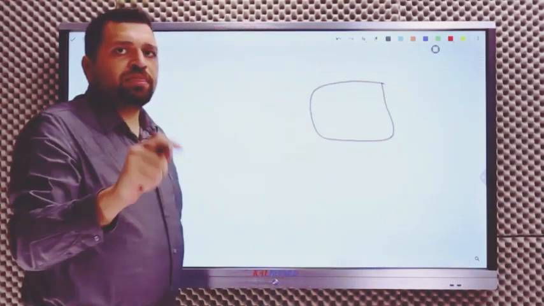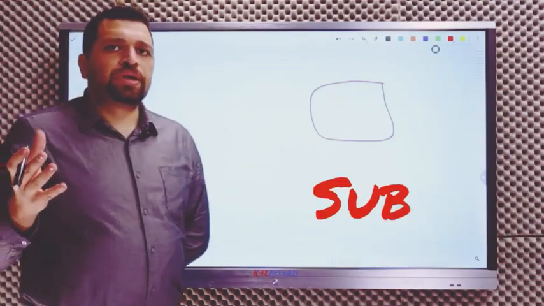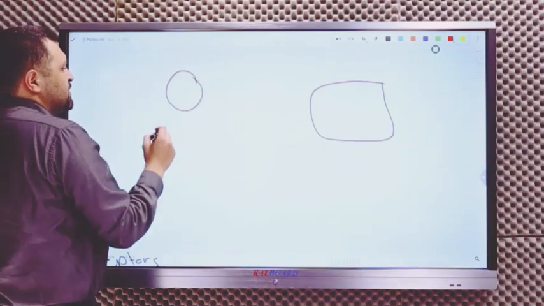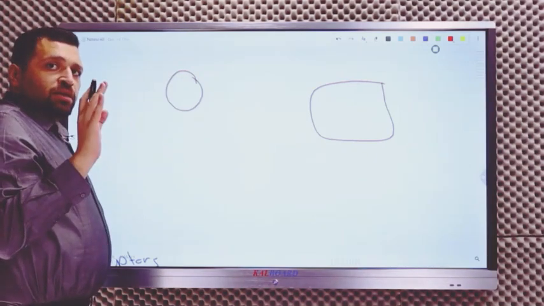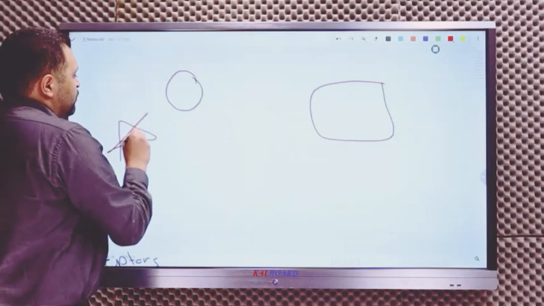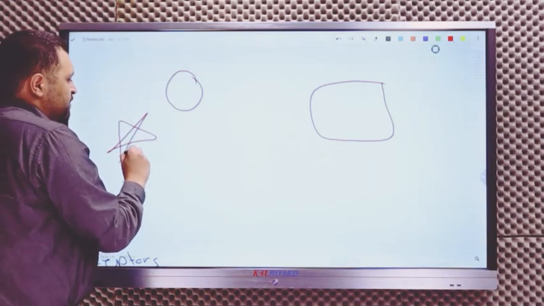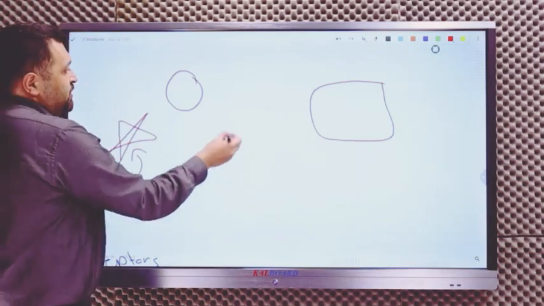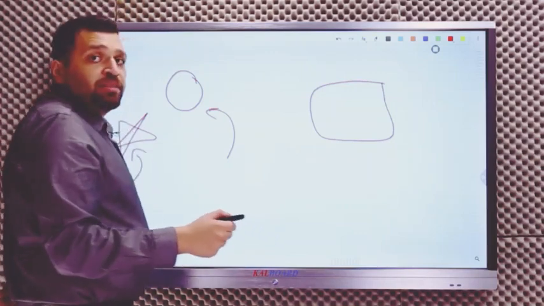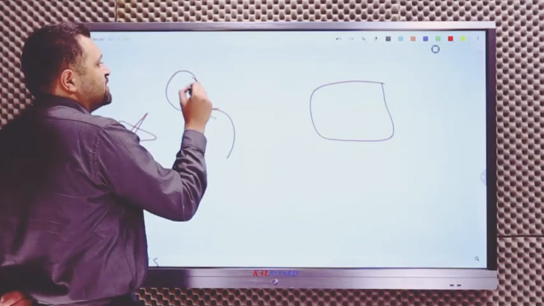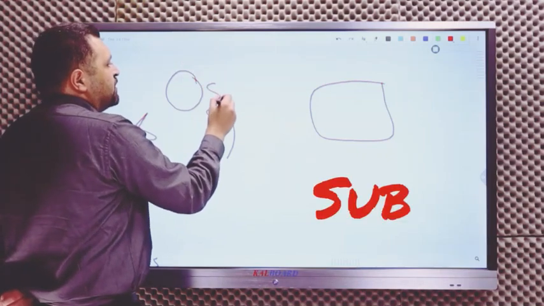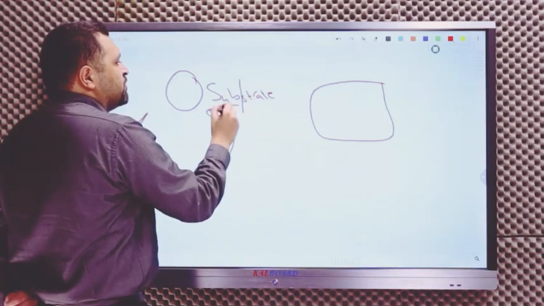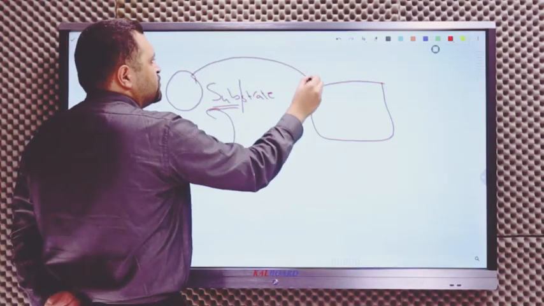Inside the body, we need a substance to bind to this receptor. I will draw it as a circle, in contrast to the drug, which I draw as a star, because the drug is from outside the body, something that is manufactured, but the circle is something natural. The circle, a substance inside the body, is called a substrate.